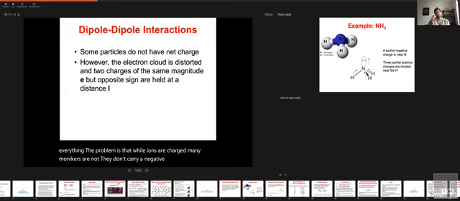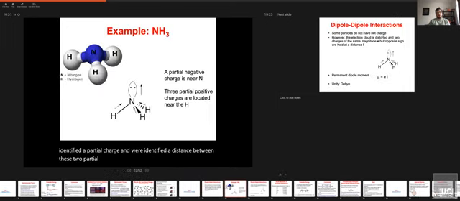They may have a partial charge on one portion of the molecule and another partial charge on a different part of the molecule, but the overall charge in many cases is actually neutral. So what we do in these cases, we identify the partial charges and the distance between them, and then we can identify dipole moments.